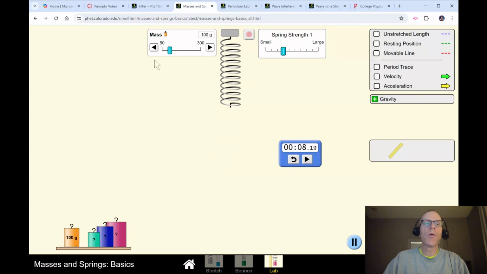All right, so let's try this one more time and we'll go up to 200. And again, think about the pattern you saw before. With 50, 10 periods was about 5.87. 100 grams, it was about 8.19. So now we're at 200.